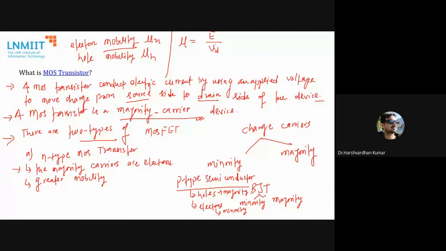So the speed of the charge carriers depends on the applied voltage, right?